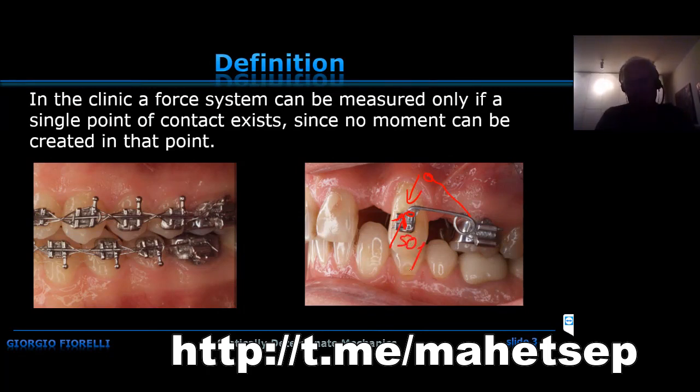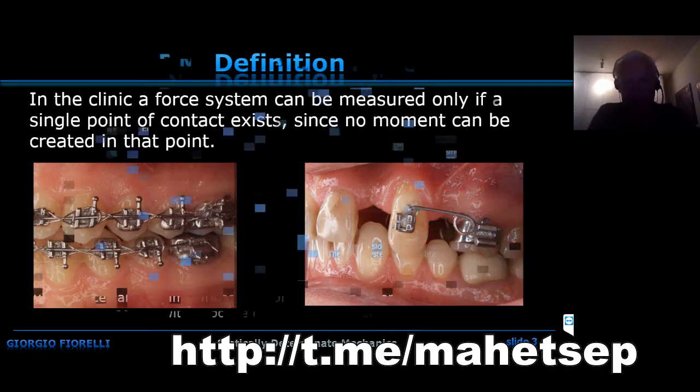If this is 50 grams and this is, let's say, 15 millimeters, I know that here I will have 50 grams and 50 by 15, which makes 750 gram-millimeters, and we have a moment direction like this. So it's very fast. Whatever you have for cantilevers, what you need to know is a force measurement and a distance. And with this, you do most of it. Okay?